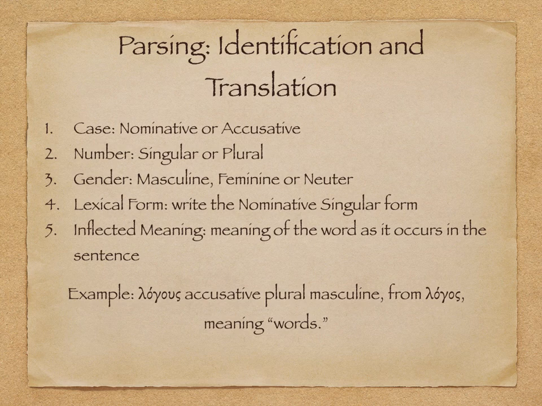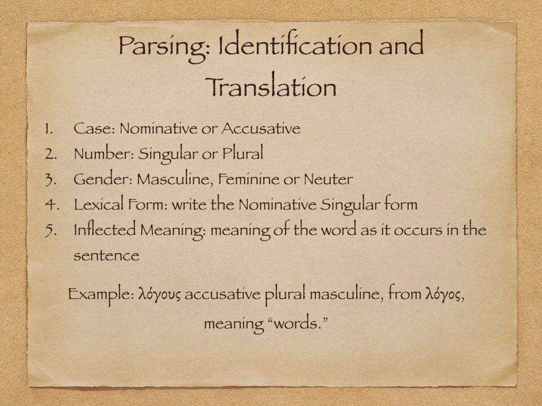And then its inflected meaning, or its meaning as it occurs in that particular form or at that point in the sentence. So for instance, logous. It is accusative, plural, masculine, from logos, that is the nominative singular form or its lexical form.